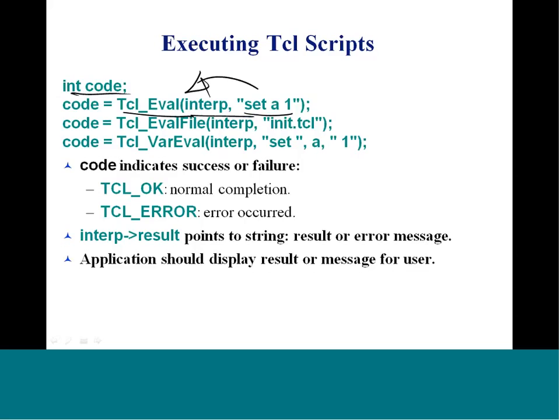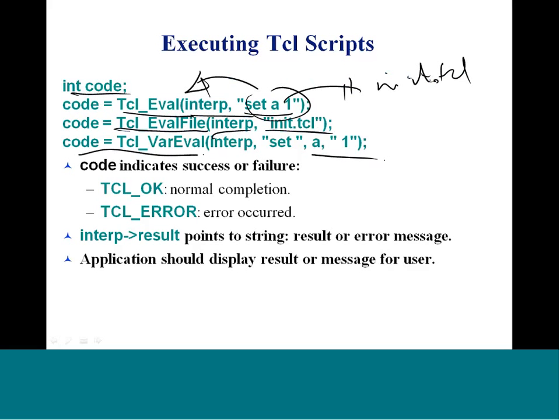The other is to put it into a file called init.tcl, and then we can just say Tcl_EvalFile with the interp and that file name. And finally we can also specify it in a different way, which is using the Tcl_VarEval command, where we give the interp, set, a, and 1 as four different objects.